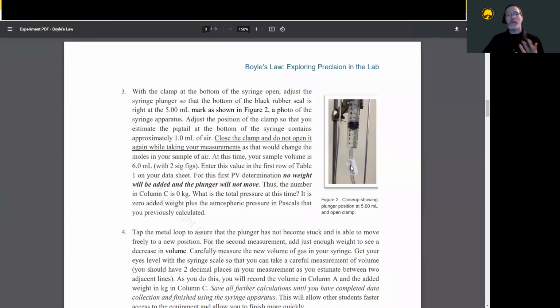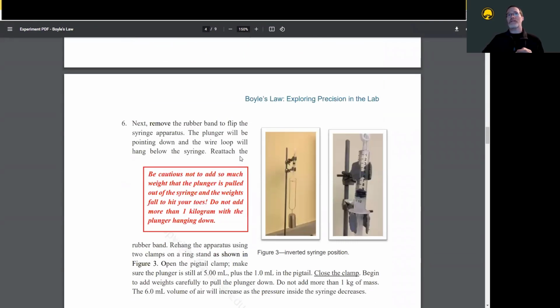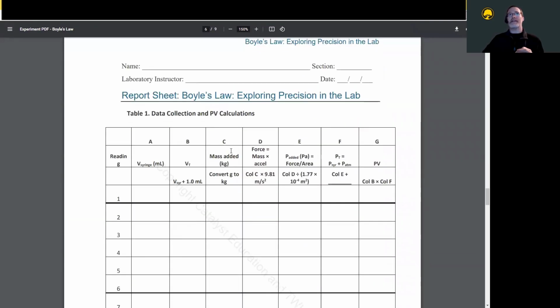I don't know who did that, why they think that's 1 milliliter, but that's the adjustment we're going to use. And so when we go down to this table in the PDF, it says VT is volume of the syringe plus 1, because we're estimating that 1 extra milliliter. Okay, so if this was 5 to begin with, this number is going to be 6.